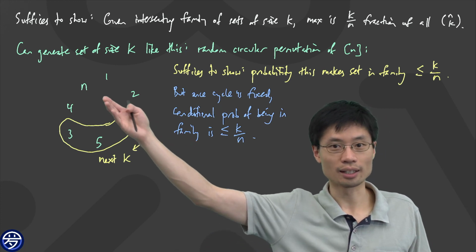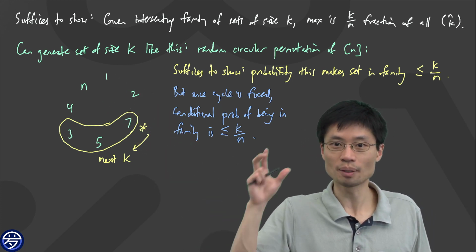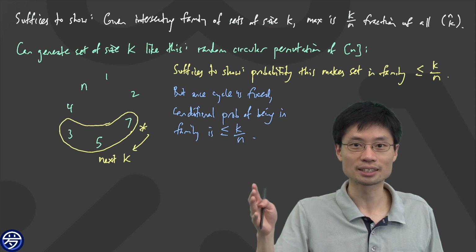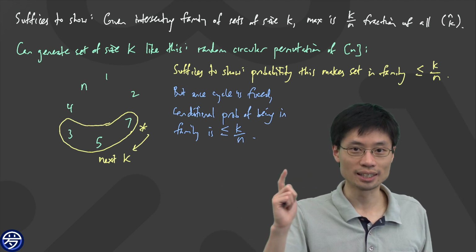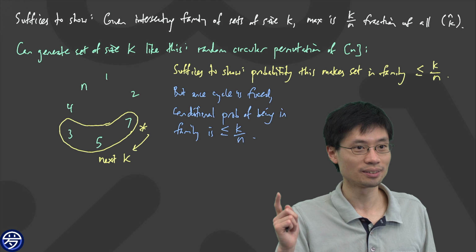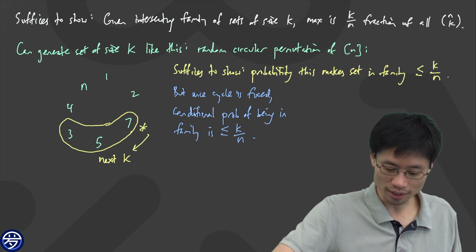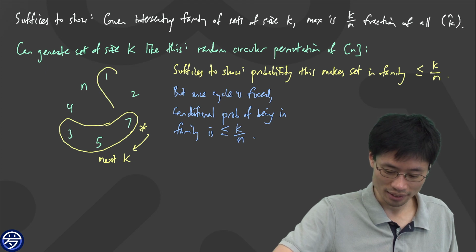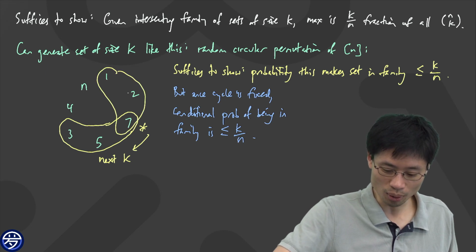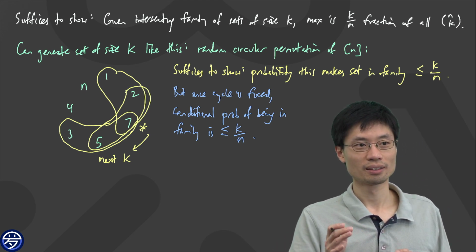Because if I look at this circle and mark down which of those sets are in my family, critically, my k is less than or equal to 2n. And therefore the most I could ever put in is something like this. Does that make sense?